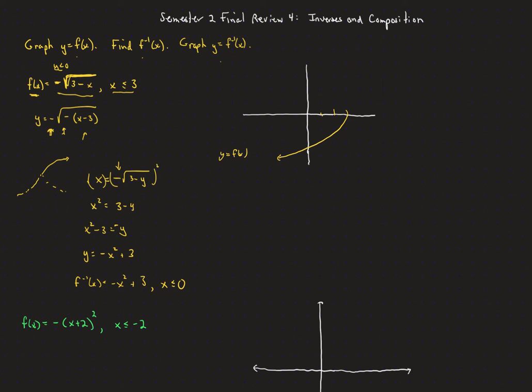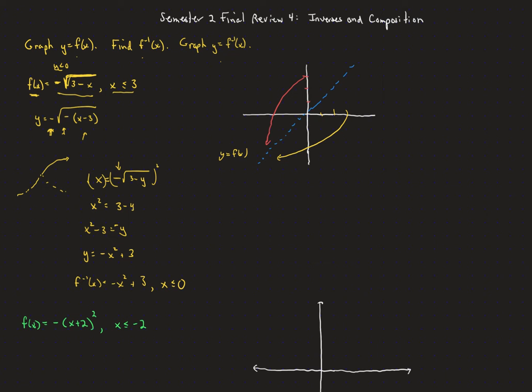I'm going to graph this in a different color, red here. We have a parabola that opens down with vertex at (0, 3), and we're going to have the left half of that parabola. Hopefully we can see that it's a reflection in the line y equals x, as all inverses are.